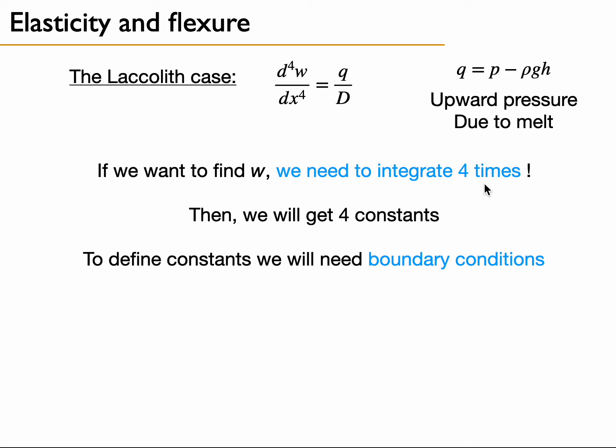Each time you integrate this function, you will produce a constant. So here, if we integrate 4 times, we get 4 constants. And to define those constants, we will then need to use boundary conditions.